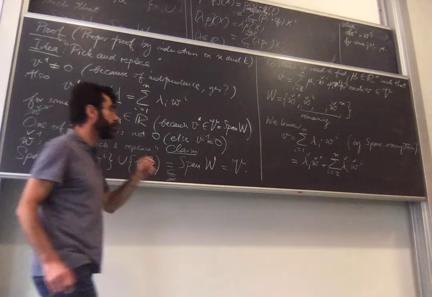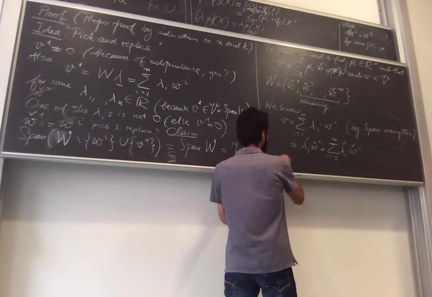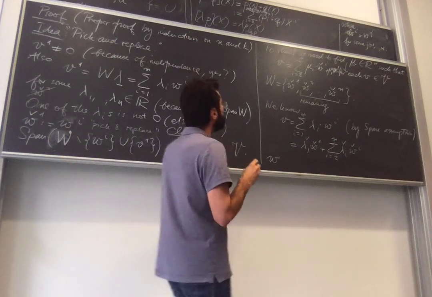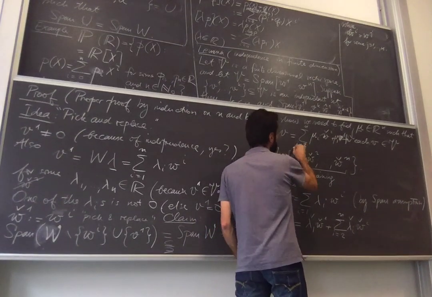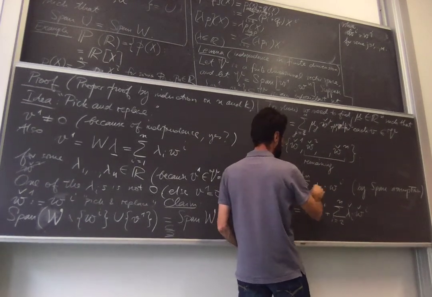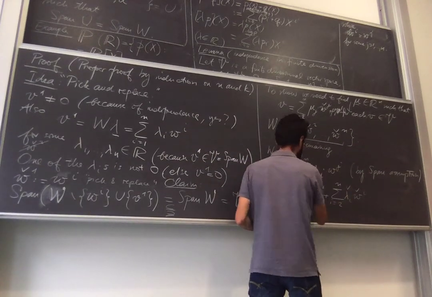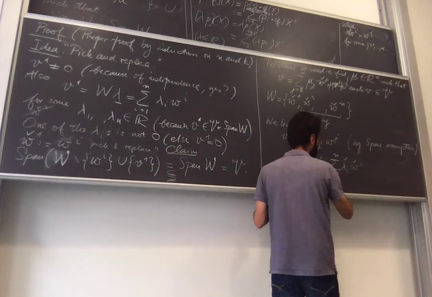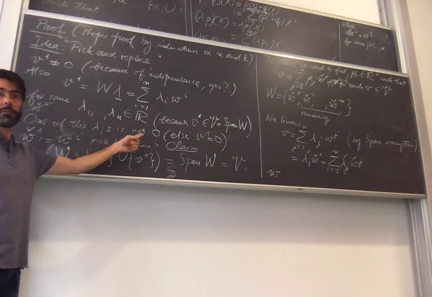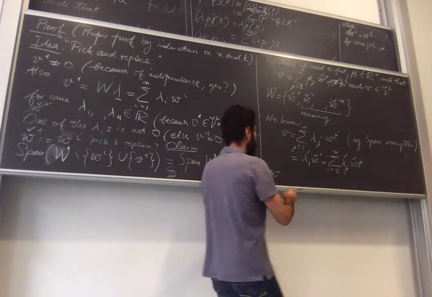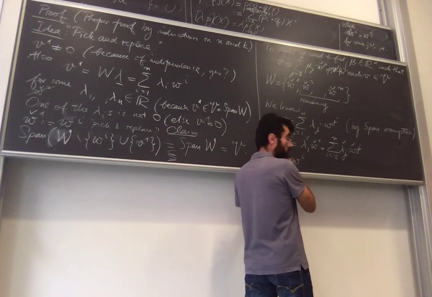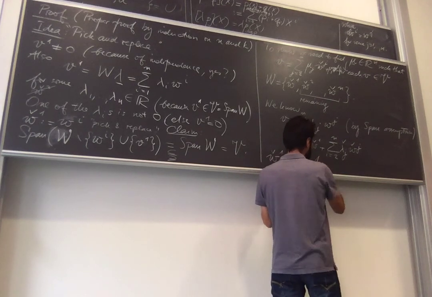Therefore this wi, I call it i. I shouldn't have used i anymore, so i is frozen from here. Let me use another index, we'll use j. The i is a special one that happens to have lambda i non-zero. So this W check 1 is nothing but wi, which corresponds to the non-zero one, so in fact I can divide by it.